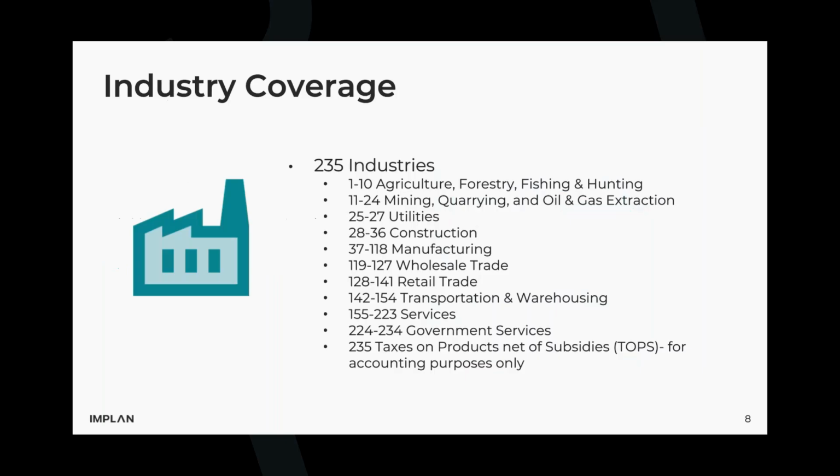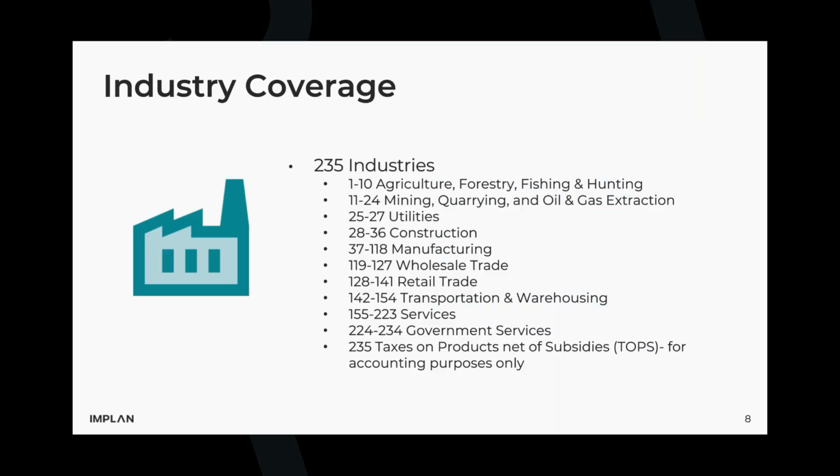So that covers the where, the geographic scale of our data. But of course, this is only part of the story. To really understand what you get with this product, we also should look at the what's made in the economy. That brings us to the second key dimension of our data, which is the detailed industry sectors.